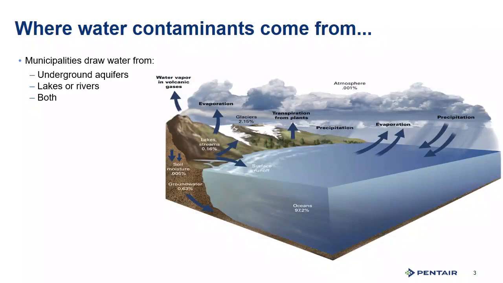And those shallow wells may be next to lakes and streams and rivers in the saturated soil area around those bodies of water, or they may take it directly from the water source itself, from lakes, rivers, streams, even desalination plants in oceans, or they may take both. They may take well water and surface water, where they may switch back and forth, or they may blend those. Those decisions are made at the treatment plant.